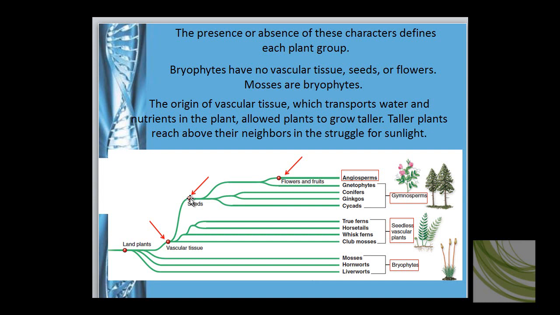And then the most advanced evolutionary adaptation were the flowering plants, the angiosperms. Okay? Seeds showed up in gymnosperms, flowers in the angiosperms, and these are the most advanced plants. They include a lot of symbiosis. They use bees, different kinds of pollinators.